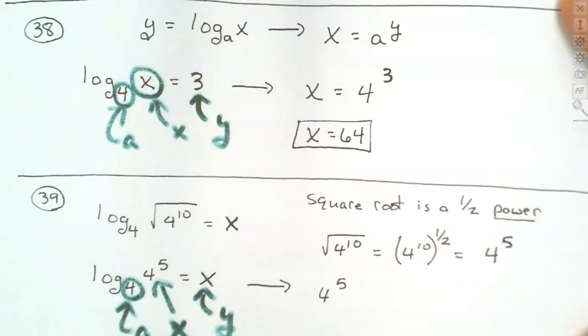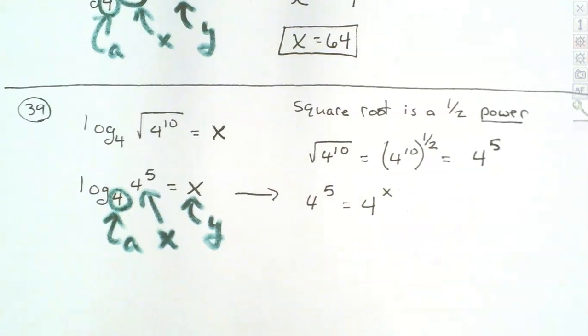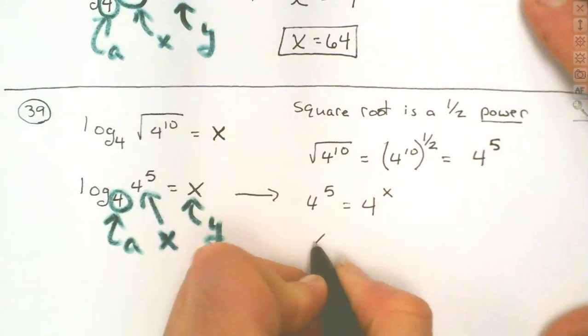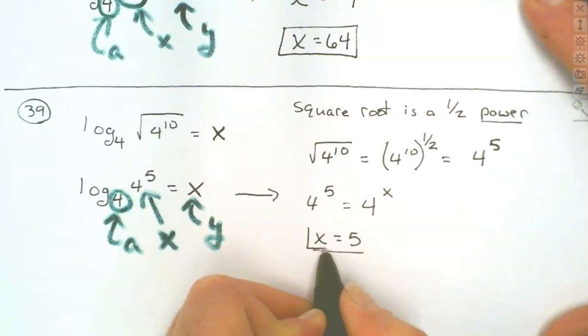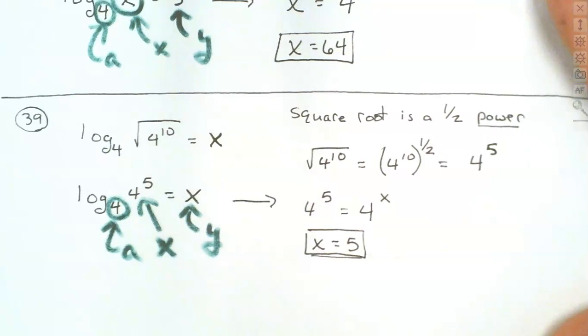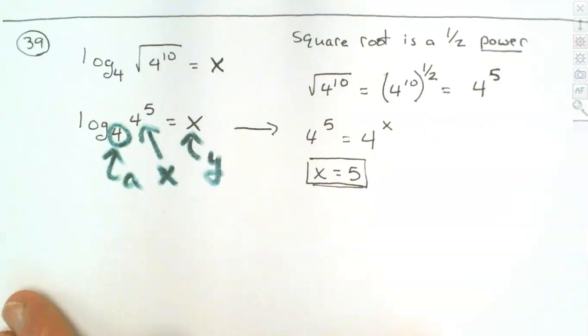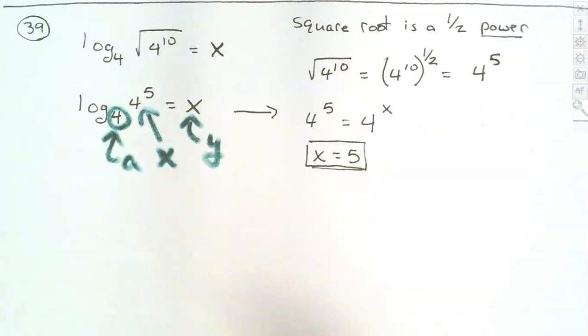So there's that piece. We need our a, which is 4. And what's our y? X. So what do we know now? Are the bases the same? Yeah. So this one, there's nothing really else to do. So that means your x is going to be what? 5. There's other techniques that you could use. You could use properties of logarithms, which I think is what I use in the answer key. But this is another way of doing it. Just convert it to an exponential and solve it.